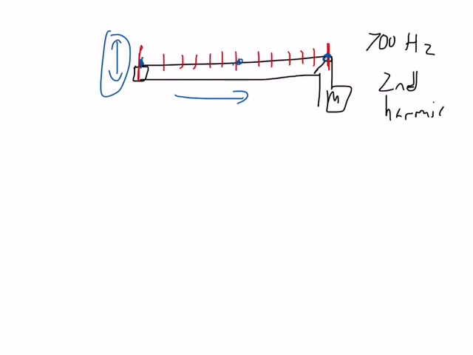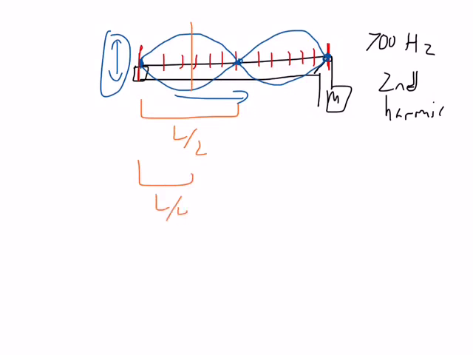And so the wave looks kind of like that, and the antinodes are exactly the midpoints between the nodes. So this is L over 2, so the antinode happens at L over 4, and that should be the tick mark right there.